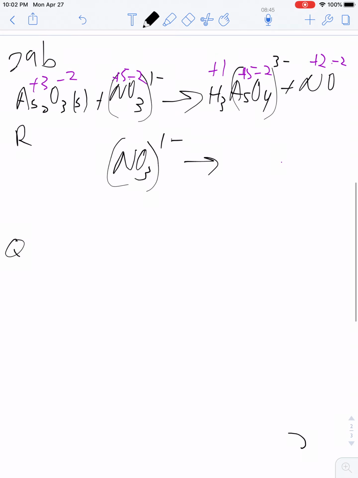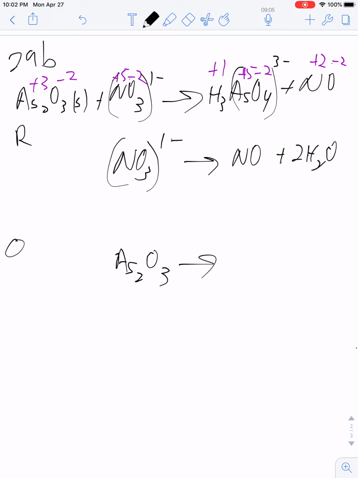And my oxidation is this guy. All right, so we balance the nitrogens using this. Then we balance the oxygens using water. Got 2 oxygens there, 3 there. Then I balance my hydrogens using H+. And then I balance my charge. I'm going to need 3 electrons.